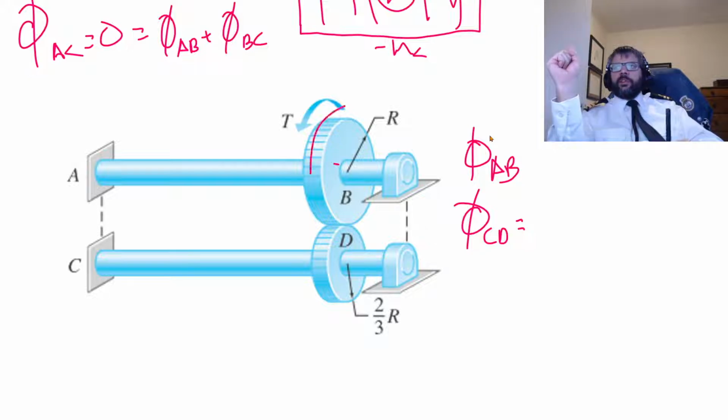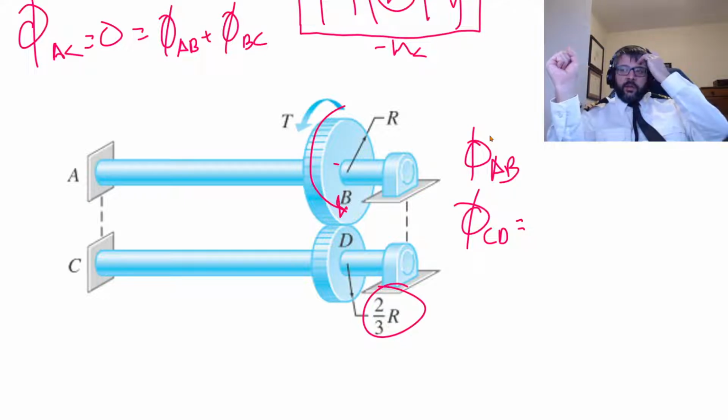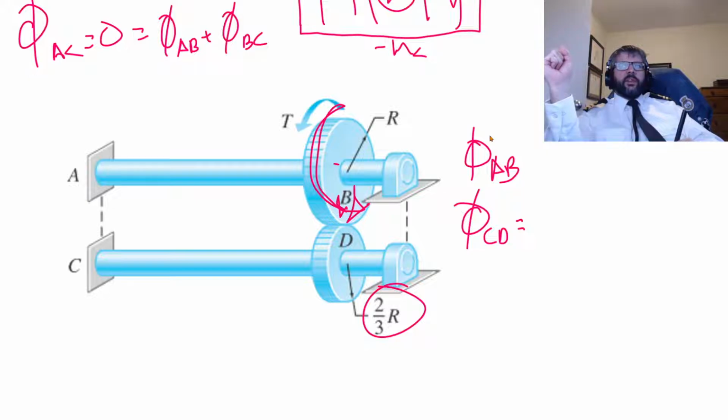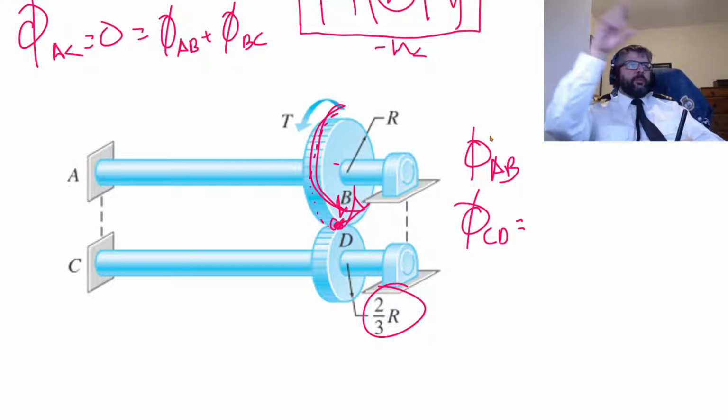Because if this gear has two-thirds of the radius of the top one, then for every full turn of this gear, the number of teeth that are meeting in here are happening linearly based upon the distance around the circumference.